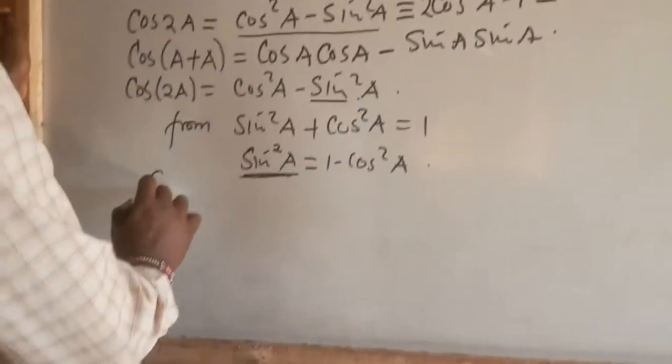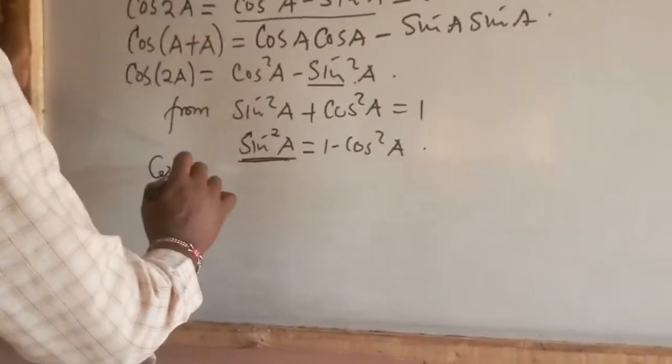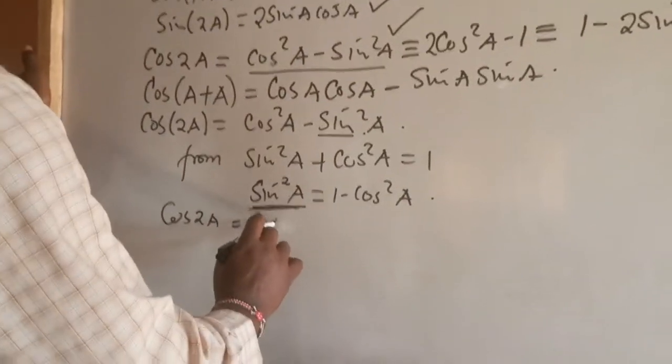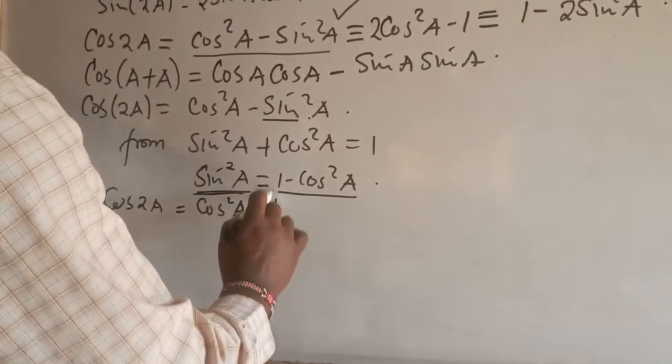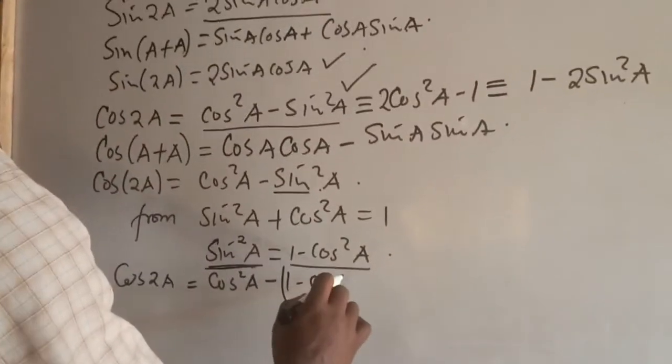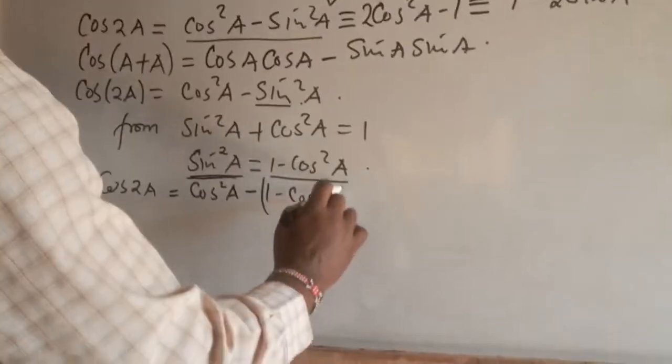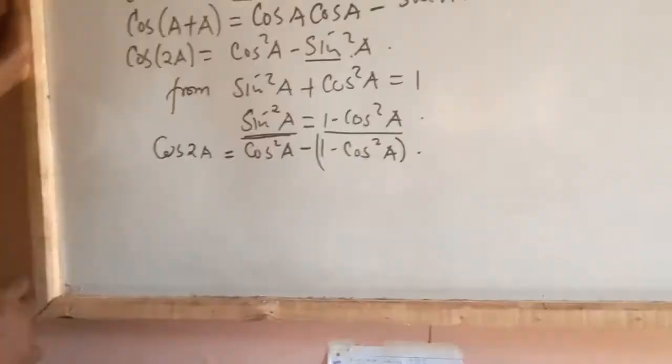And again, the cosine of 2A is going to be the cosine squared of A minus, in brackets, 1 minus the cosine squared of A. That is true.